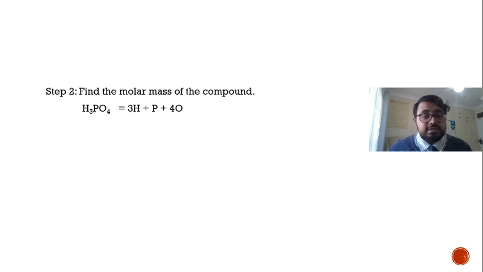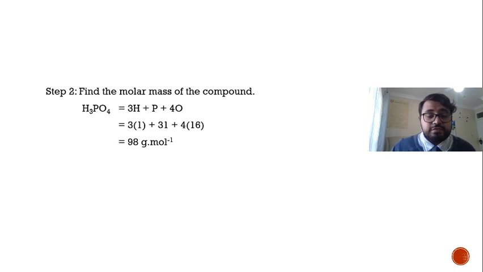We have one single phosphorus atom, and we have 4 oxygen atoms present. So that's 3 times 1 plus 31 plus 4 times 16. The 1 comes from hydrogen and the 16 comes from oxygen. Okay, and that would give us 98 grams per mole. Please don't forget to put in your unit. You don't get a mark if you don't have your units.